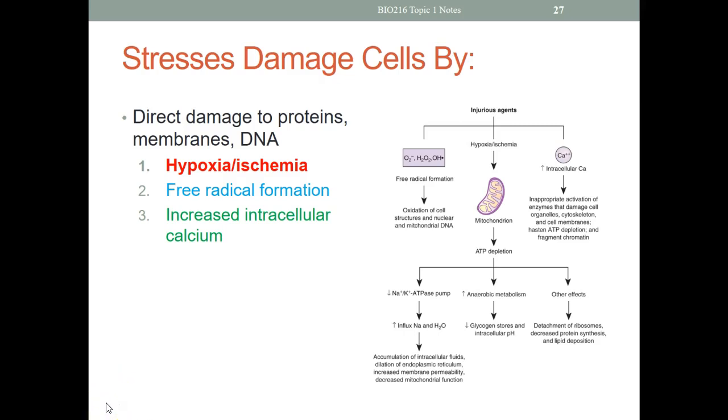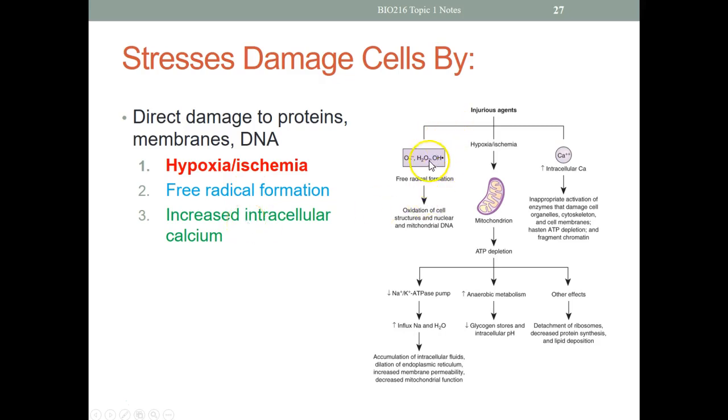Let's look at how stresses damage cells. They do this through direct damage to the proteins, to membranes, and to the DNA. There are 3 major mechanisms by which stresses damage cells: hypoxia or ischemia, free radical formation, and increased intracellular calcium.